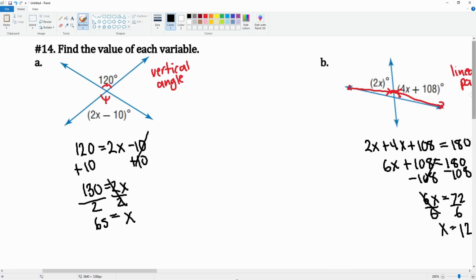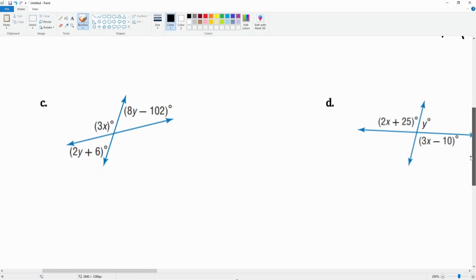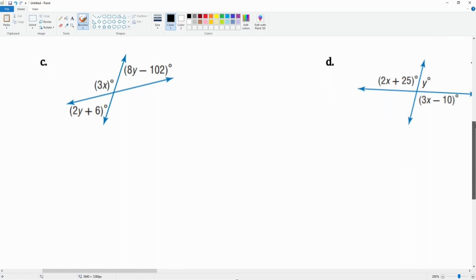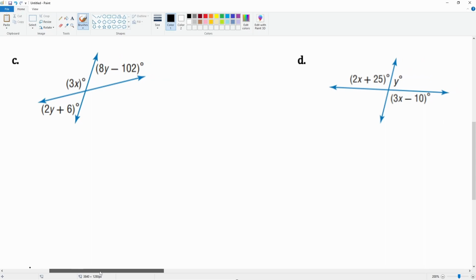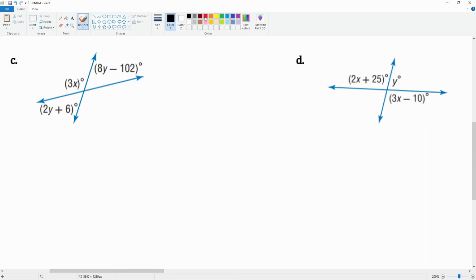All right, now let's take a look at C here. We need both x and y here. Let's see what we need to solve first. It looks like these two are vertical, so we can set those equal to each other and solve for that y value. 8y minus 102 is equal to 2y plus 6. Let's solve for y.